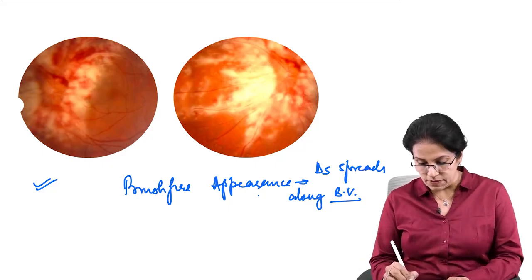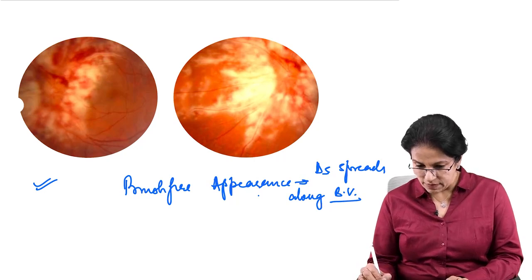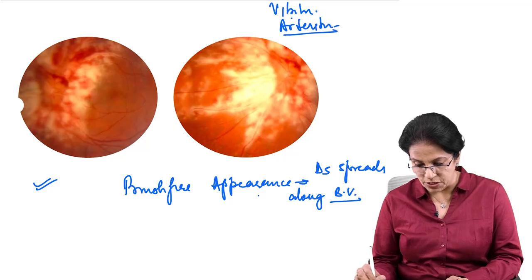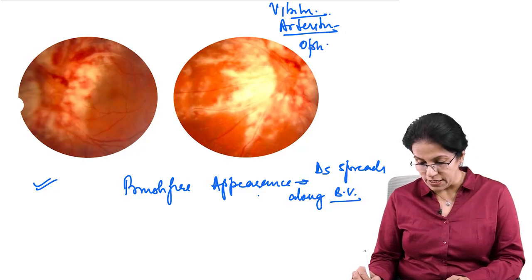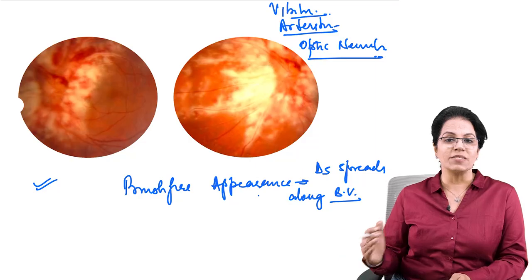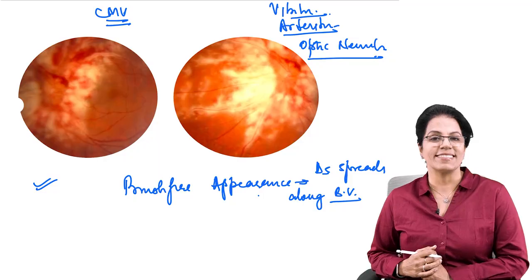If you look at the parts involved, apart from retinitis, we are also getting vitritis, and the hemorrhages, as I taught you, are due to arteritis or periarteritis. It can also involve the optic nerve leading to optic neuritis, right? So, retinitis, arteritis, vitritis, optic neuritis, all the itis are possible in CMV retinitis infections.